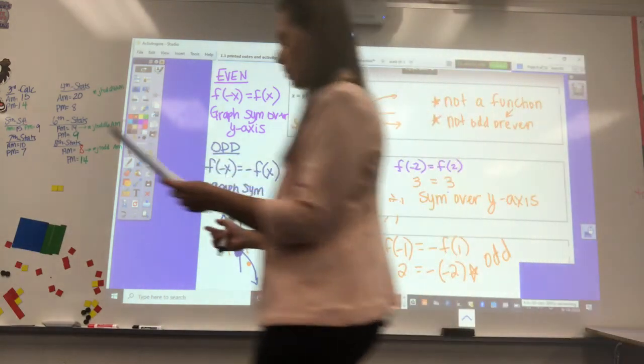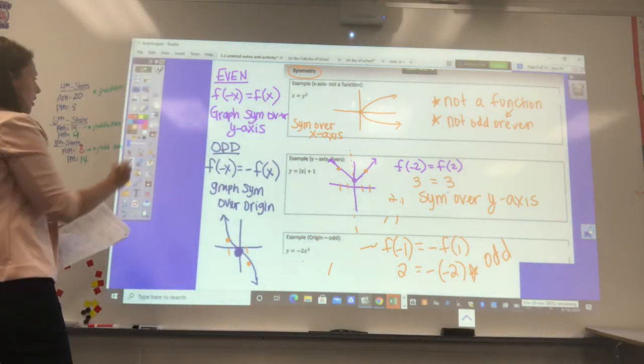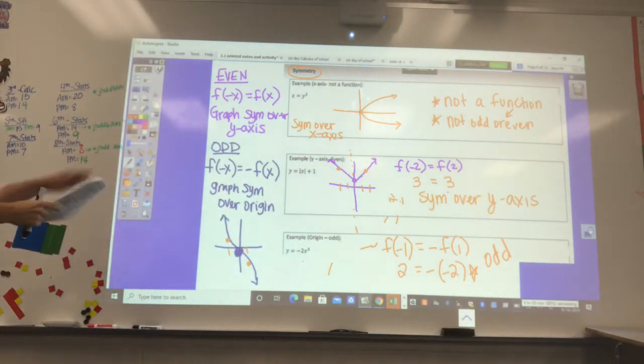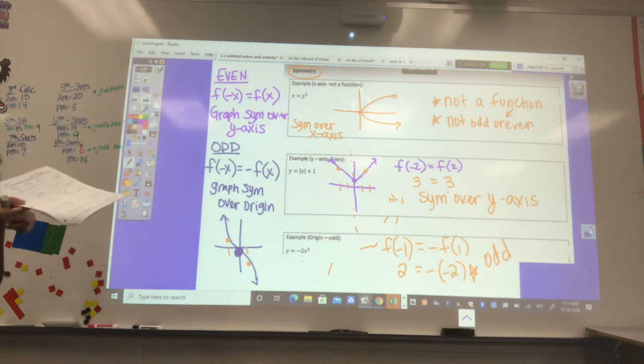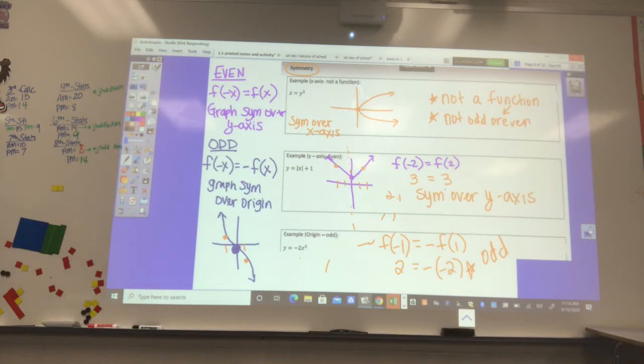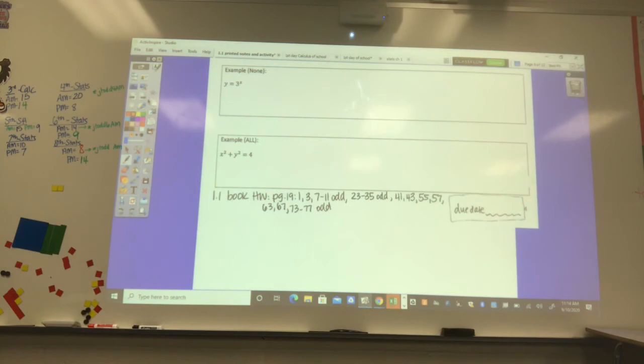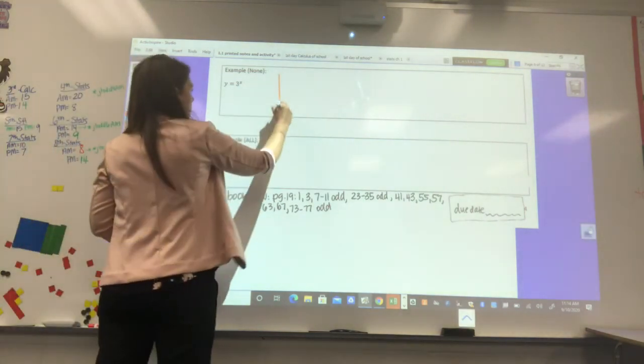The next two examples I'm going to go over very quick. The fourth example is not symmetric at all. It is a power function, 3 to the x. I don't know why this isn't letting me switch pages. Here we go. It's thinking. Here we go. All right, so let's go ahead and talk about the graph of this.